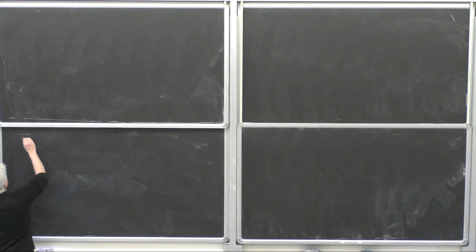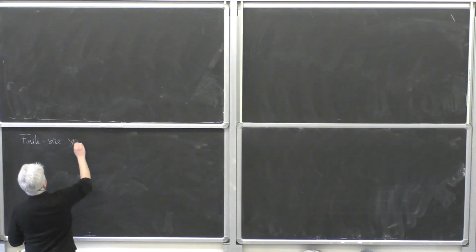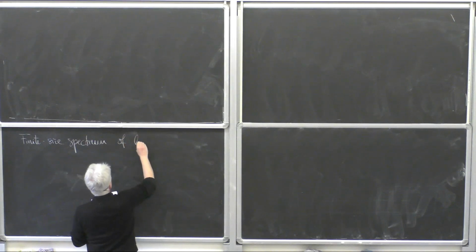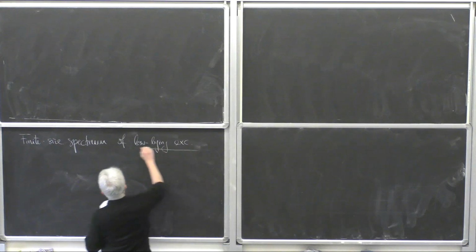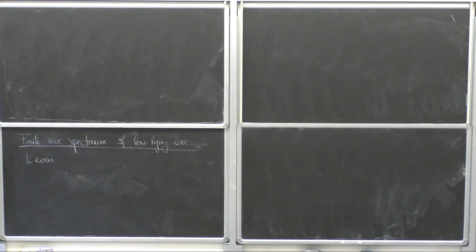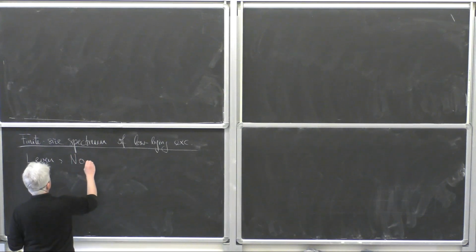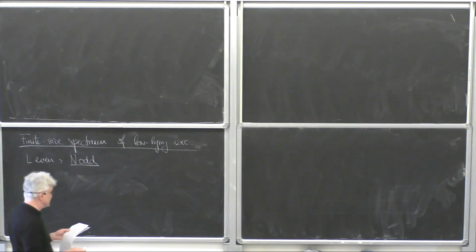So let's look at the finite size spectrum of low-lying excitations. Okay, so let's take, to begin, L always even. From the beginning, what I will do now is I will start with taking the number of fermions N to be odd, and I'm going to tell you what happens with even fermion number later.